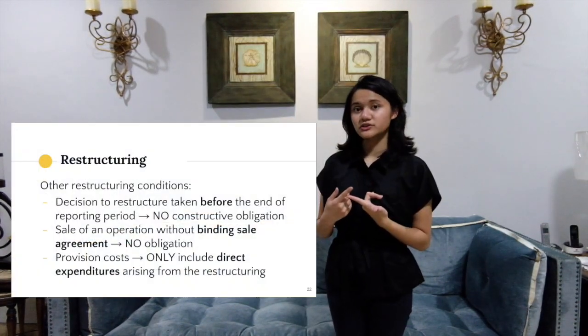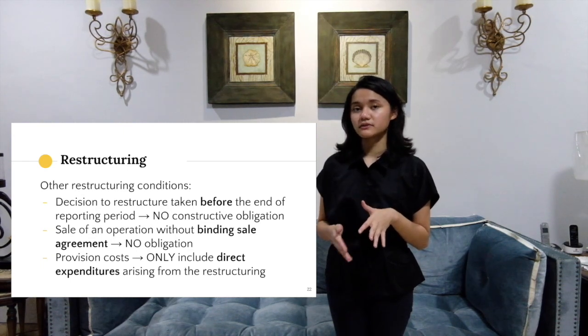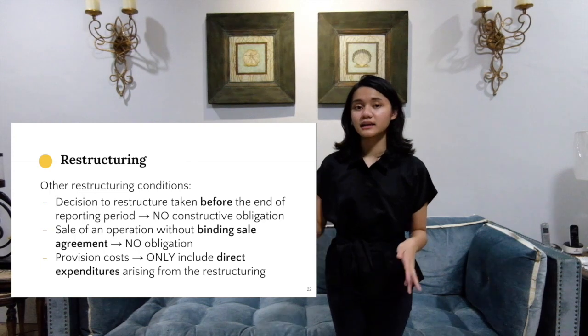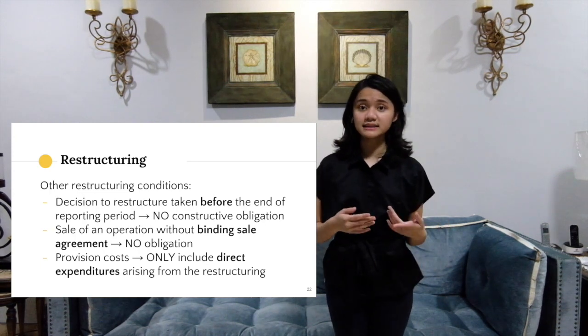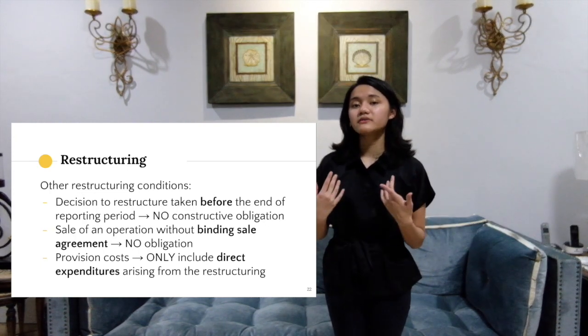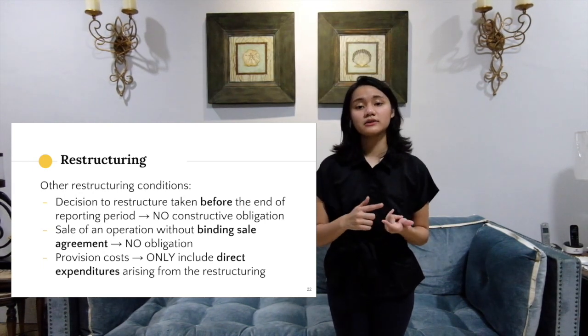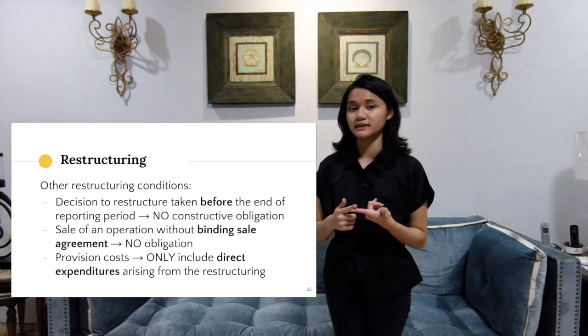Now, the second is a management or board decision to restructure taken before the end of the reporting period does not give rise to a constructive obligation at the end of the reporting period unless the entity has, before the end of the reporting period, started to implement the restructuring plan or has announced the main features to those affected by it.